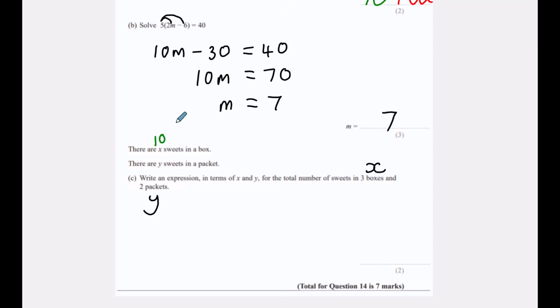If there were 20 in a box, we'd be doing 3 times 20. So what we're doing here is 3 times x. So the number of sweets in 3 boxes is 3x, and the number of sweets in 2 packets is 2y. So the total number of sweets, 3x plus 2y.